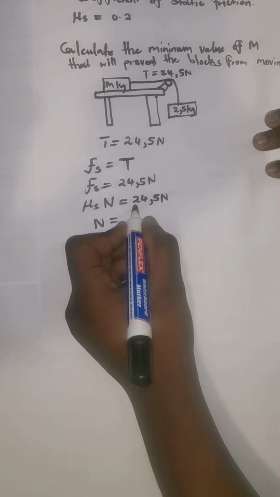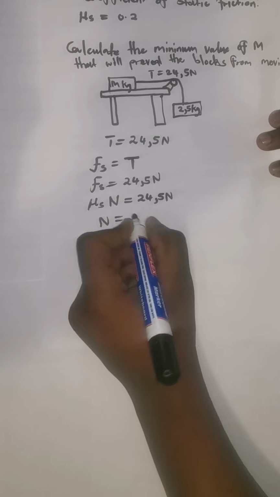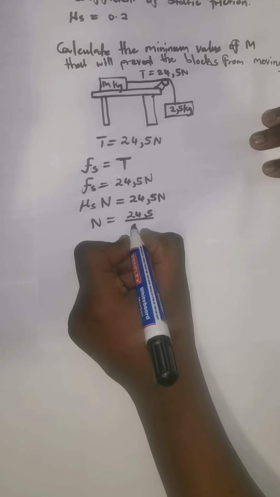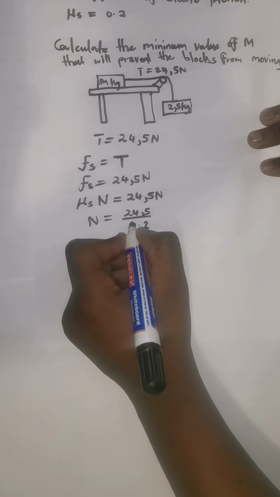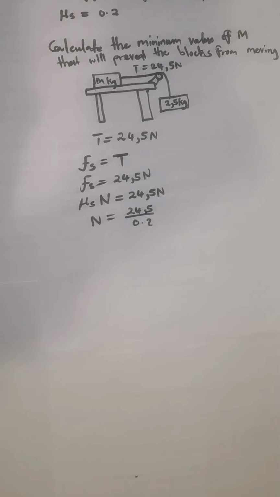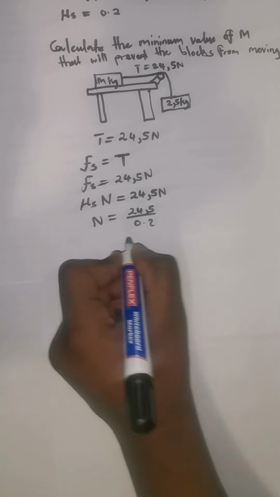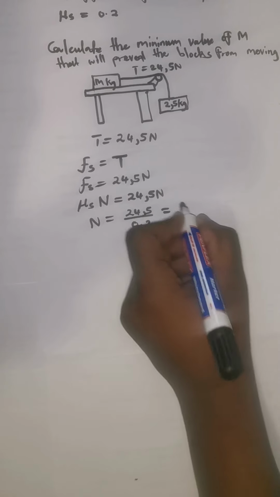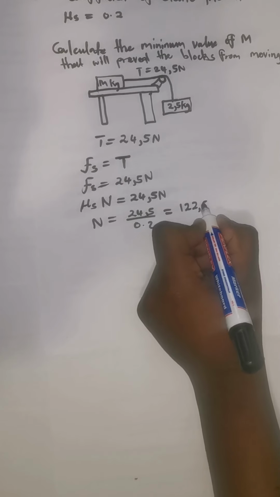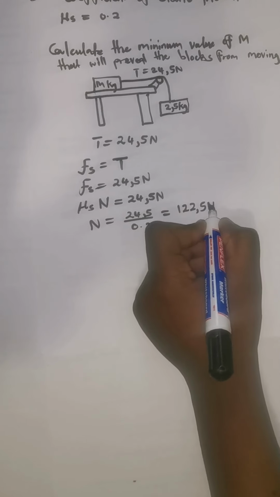So the normal force will be 24.5 over 0.2. Let me quickly calculate this. When you punch this in the calculator, you'll find out that the normal force is equal to 122.5 newtons, right?